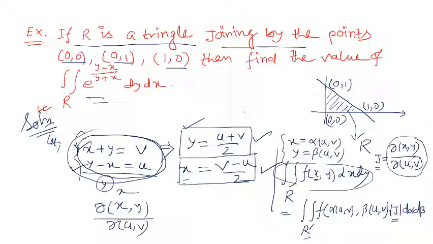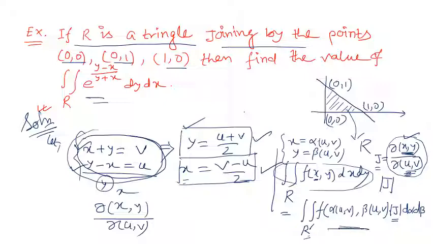It will be del(x, y) by del(u, v), because I am transforming from the x, y variables into the u, v variables, so x, y should be the numerator. This is our Jacobian, and we should take the modulus value of this Jacobian, because area can't take a negative value, right? So this is the formula.